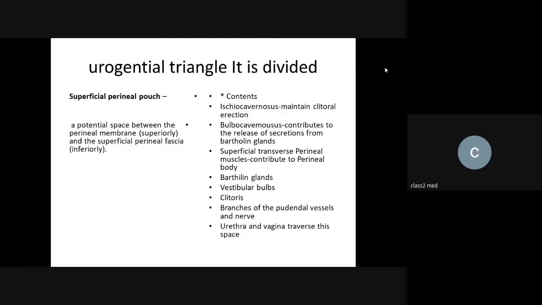Also the Bartholin glands, vestibular bulbs, clitoris, branches of the pudendal vessels and nerve, and the urethra and the vagina traverse through the superficial perineal pouch.